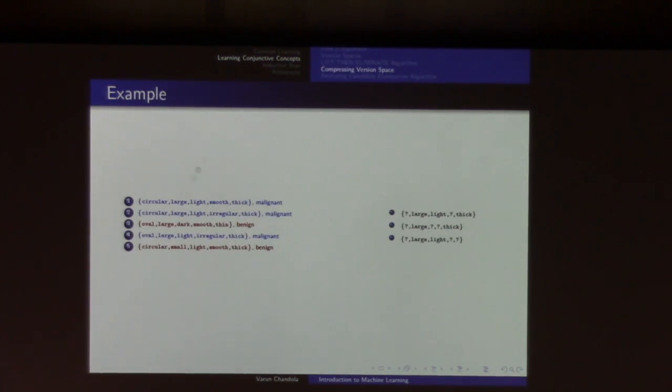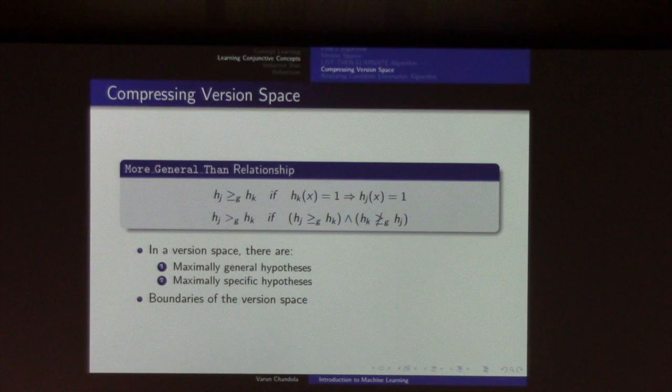So let me go back here. For example, we have seen this example before, right? If this is your training data, you will see that all of these hypotheses are consistent with this training data. So this is essentially your version space right now. There might be more as well, but at least these are part of your version space. So what this notion of compressing version space says is that you can arrange these hypotheses in this order such that you can say that one hypothesis is more general than another.